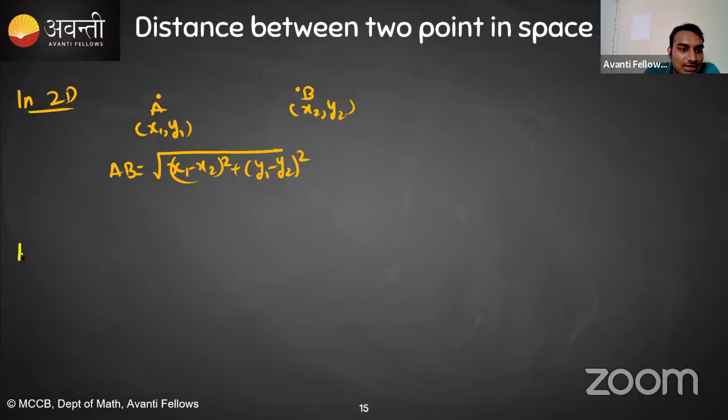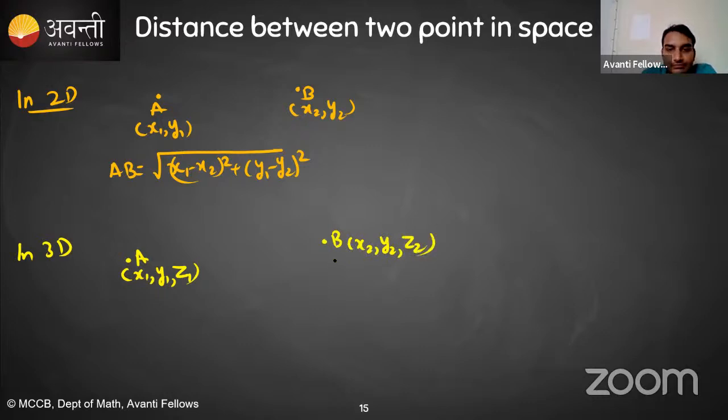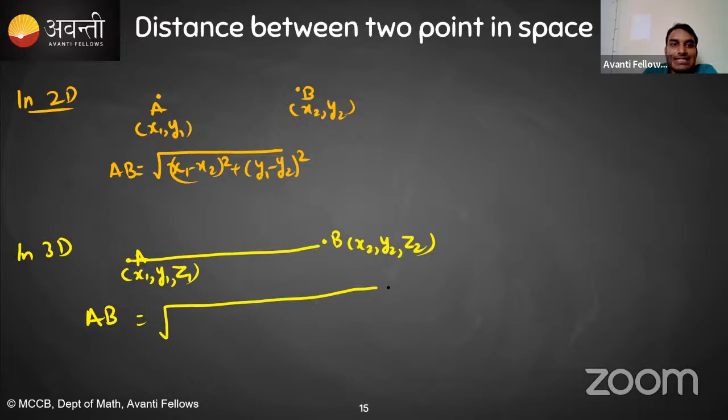Now since we are in 3D, A is x1 comma y1 comma z1, so one extra coordinate is being added, right? B is x2 comma y2 comma z2. Clear? So what would be the AB distance? The pattern remains the same.